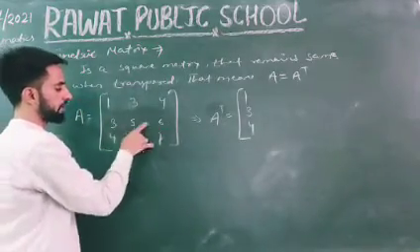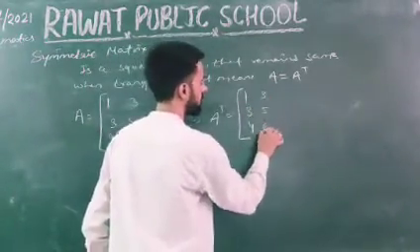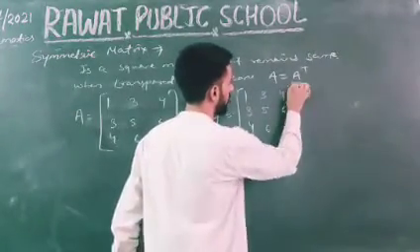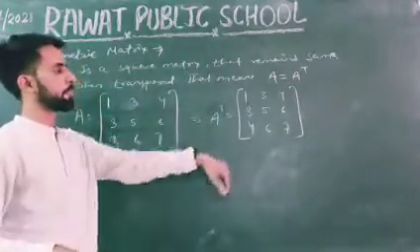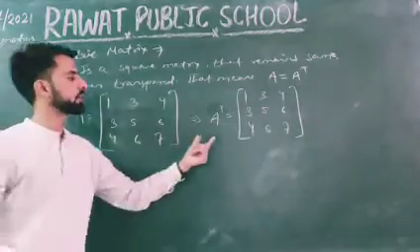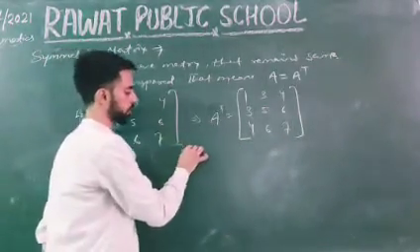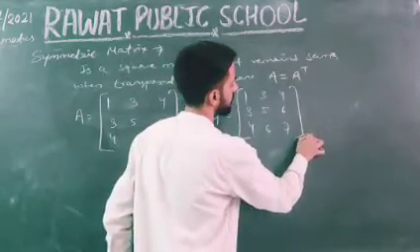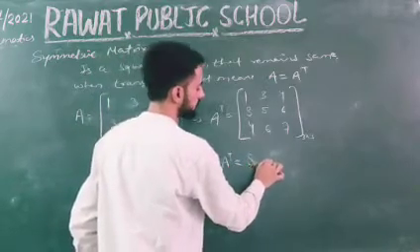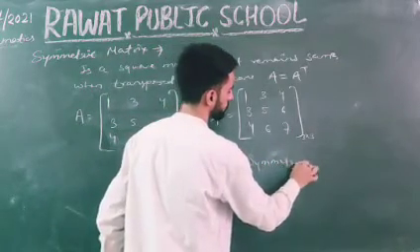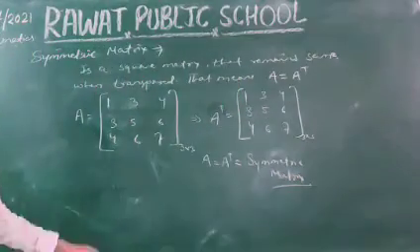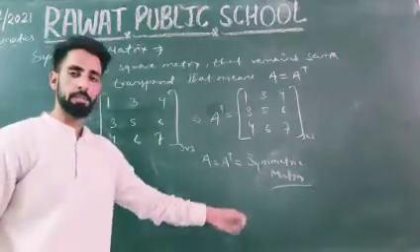Second row 3, 5, 6 will become the second column. Third row 4, 6, 7 will become the third column. Now if you compare these two matrices here, these two are also the same. This A is equal to AT and also the order is the same, 3 by 3, being a square matrix. So here A is equal to AT, a symmetric matrix. Right? So this is the example of a 3 by 3 order matrix which is a symmetric matrix.